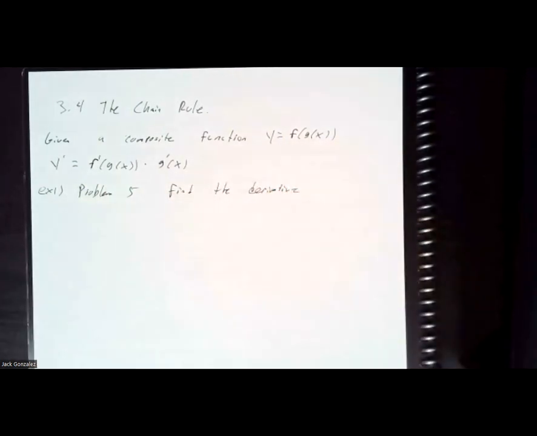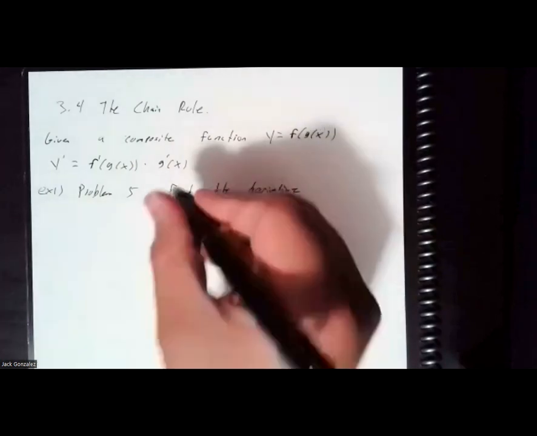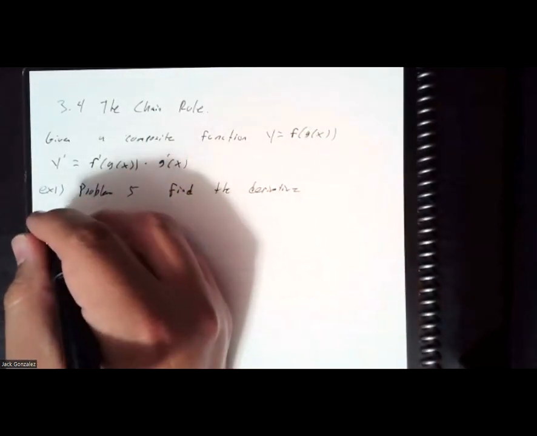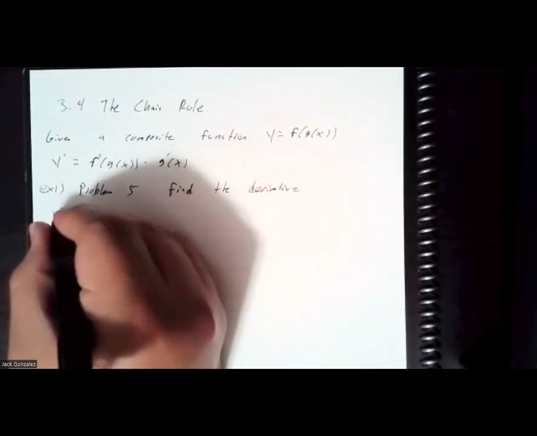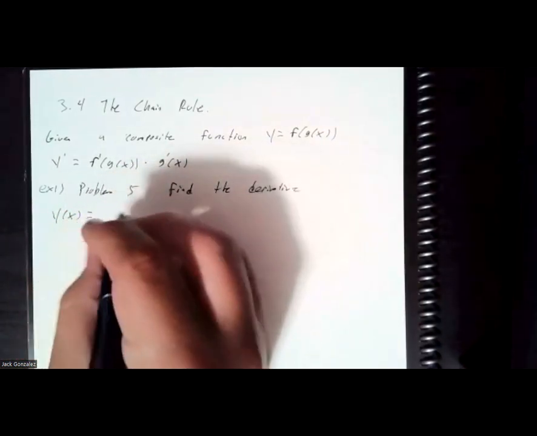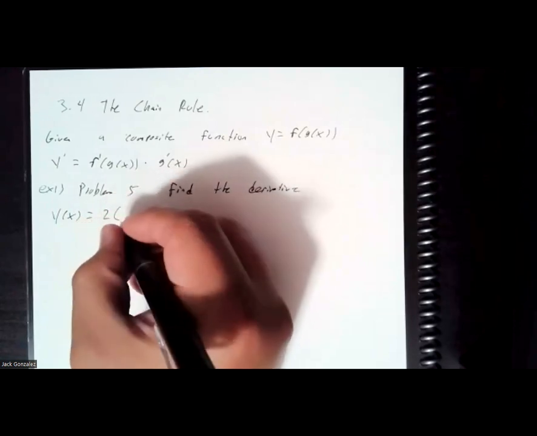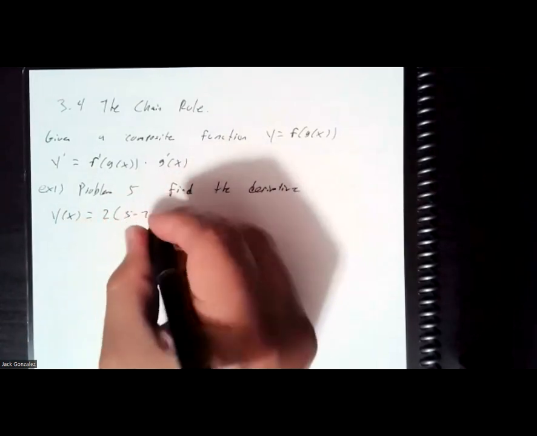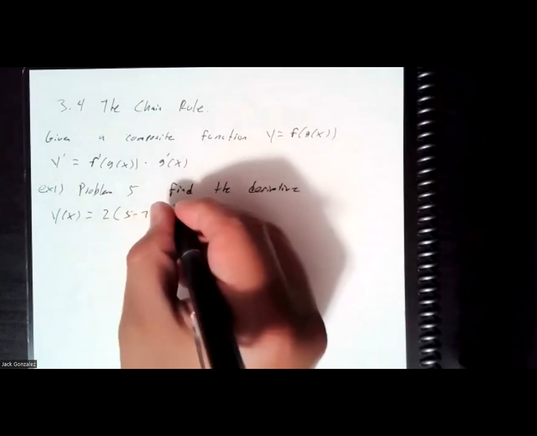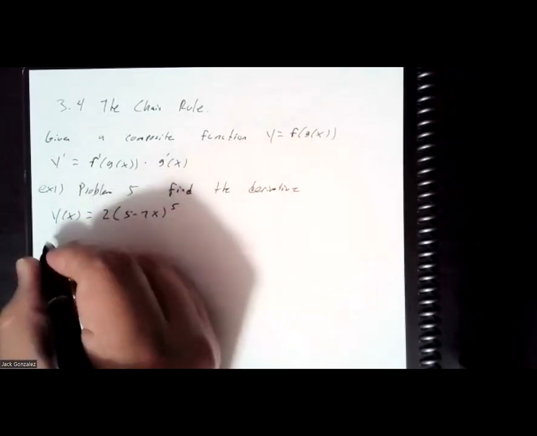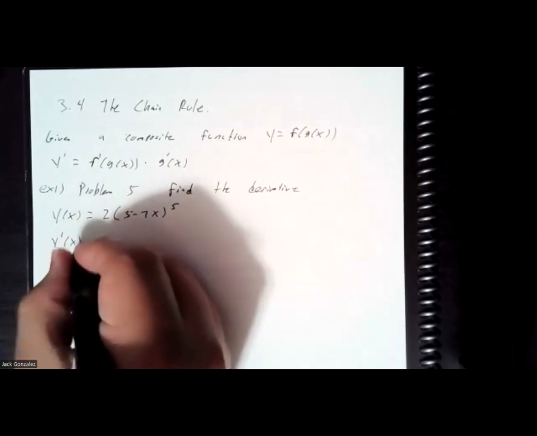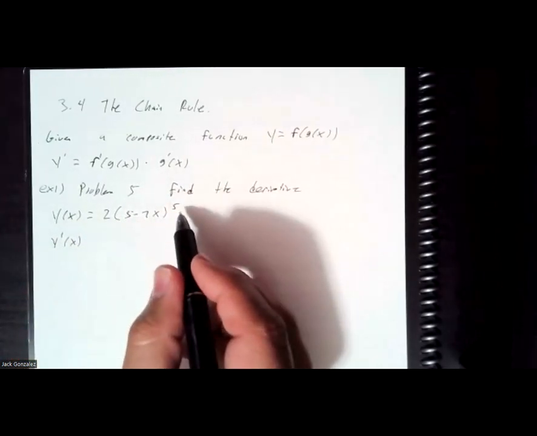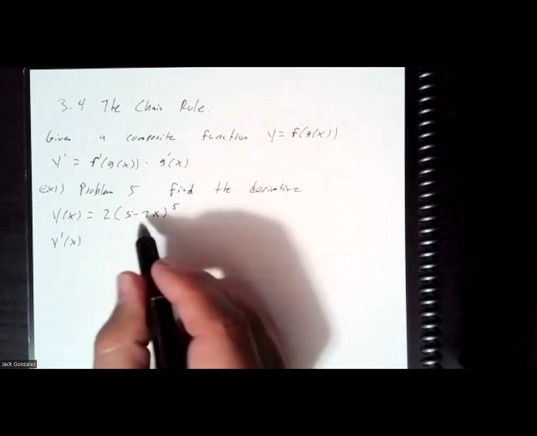Find the derivative. Start writing better. Okay, so given y equal to 2 times (5 minus 7x) to the 5th power, the derivative will be the derivative of the outside, which is a power function of 5th power, times the derivative of the inside.